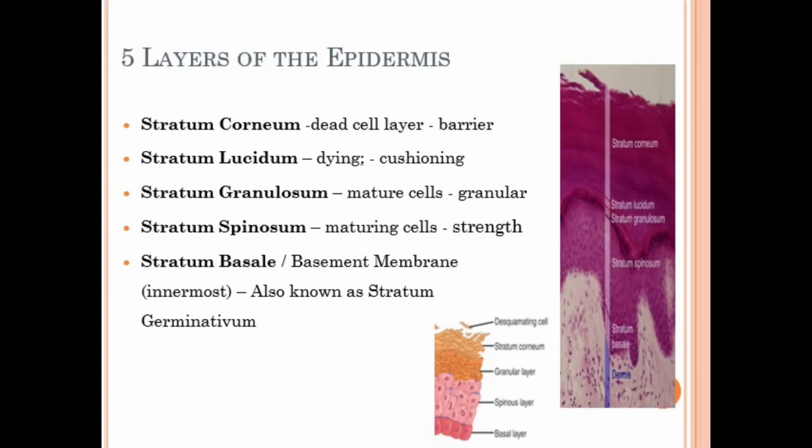Epidermis is, as we said, a stratified layer. So there are 5 layers of different types of cells which have different functions. In the diagram on the right you see the actual cross section of the skin, where different cells are represented by different colors and different shapes. In the smaller inset of the diagram, these cells are defined as a basal layer from the bottom, the dark pink or reddish cells.